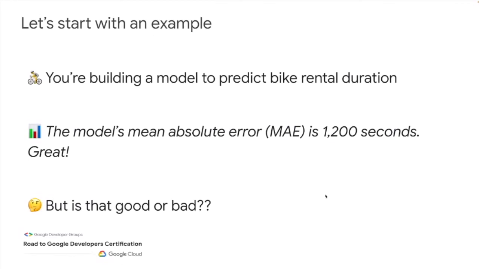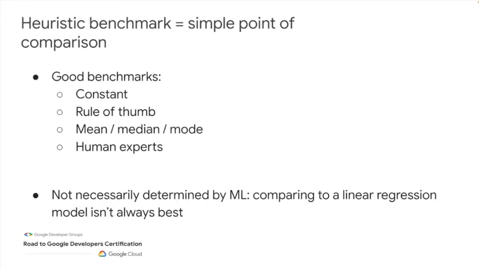A good benchmark is constant, and you could have a rule of thumb, or you can have mean, median, mode, or human experts. It is not necessarily determined by the machine learning. For example, comparing to a linear regression model isn't always the best. The idea is that sometimes you want to pick something a little simpler to validate what's good or not good.